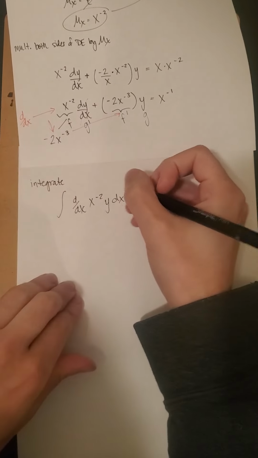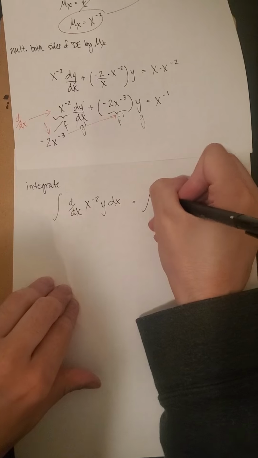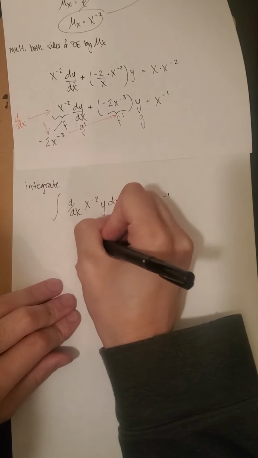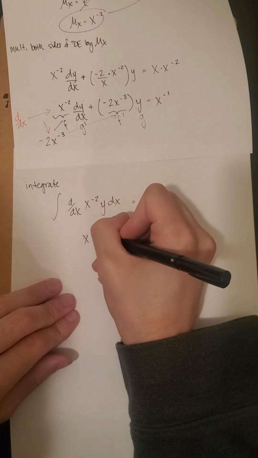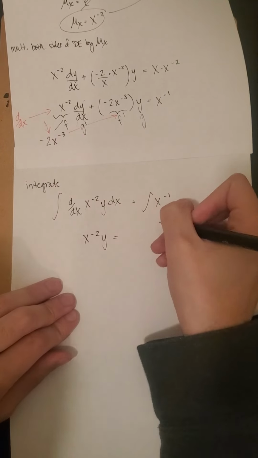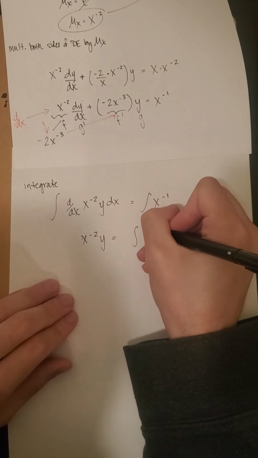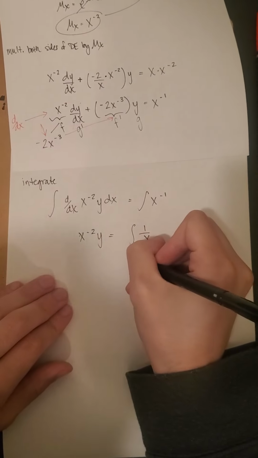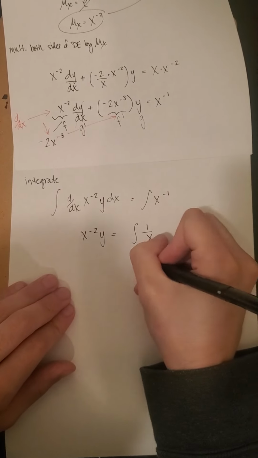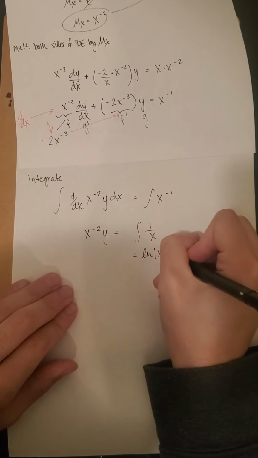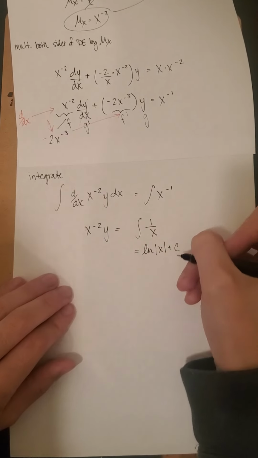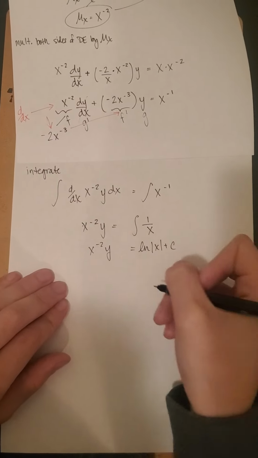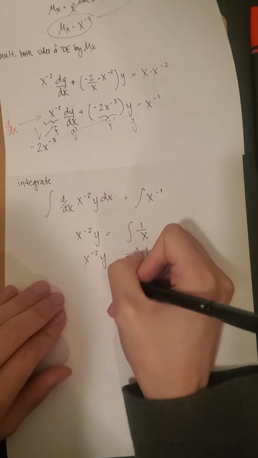So what you want to do is just take that part right there equals the integral of x to the negative 1, and then you're just left with x to the negative 2 y equals the integral of 1 over x, which is the same as ln of x plus c. And then to solve for y, just divide by that.